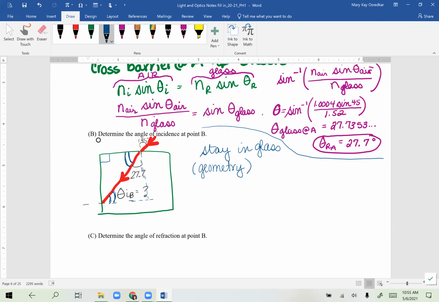We have two horizontal lines cut by a transversal line, and alternate interior angles are congruent. So what is this angle? Isn't it 90 minus the angle we just got? Yeah. Okay.